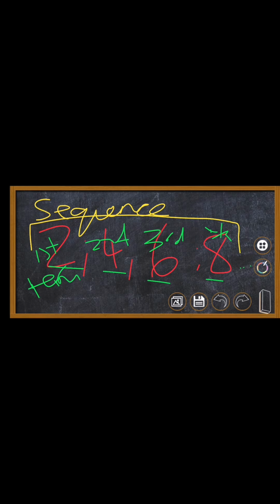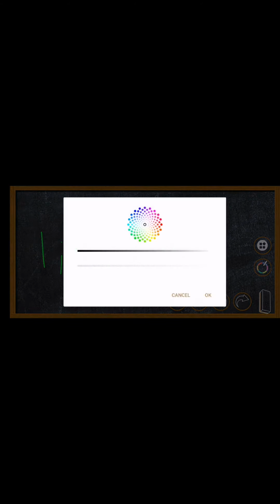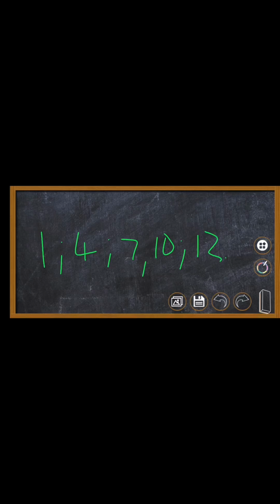So sequences can have interesting patterns. Here we examine the types of patterns and how they are formed. So let's have an example. We're going to have 1, 4, 7, 10, 13, and so forth. So how do we get the movement, or what we added to the previous number?